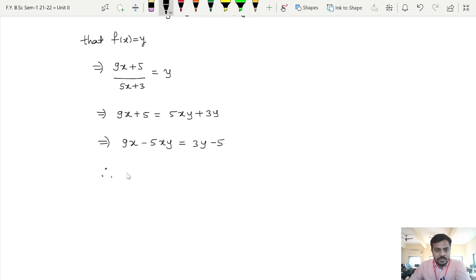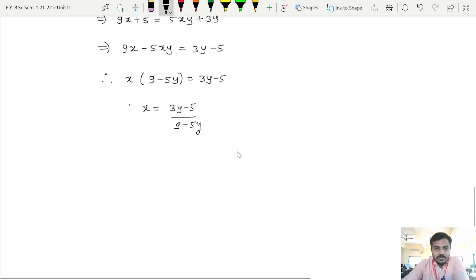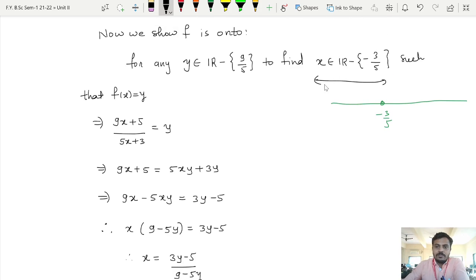Now we will take x common, so x times (9 minus 5y) will be equal to 3y minus 5, and therefore x will be equal to (3y minus 5) upon (9 minus 5y). So now we got the value of x. The question is whether the value of x we have found belongs to the domain or not. If it belongs to the domain, then and only then can we conclude that our function is onto.